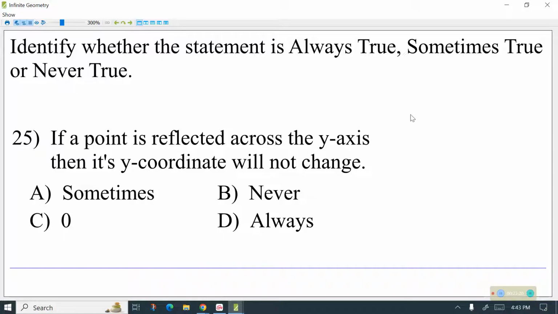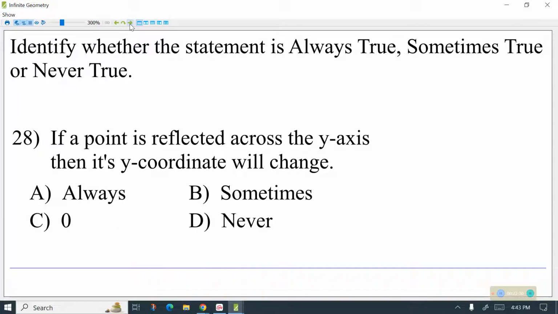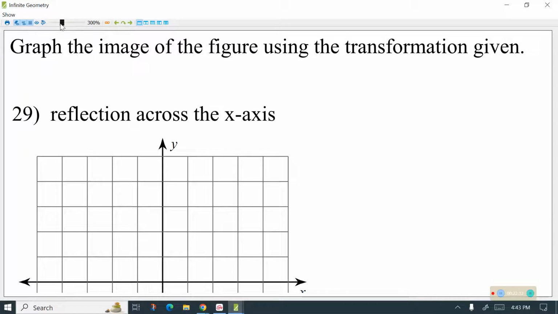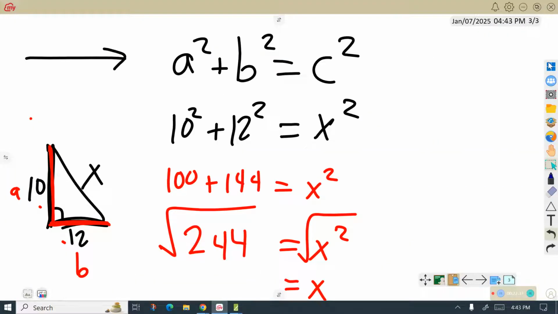So draw some points, reflect them across the y-axis, and see whether or not they do what you think they're supposed to do, okay? We're going to have a longer conversation in class about these problems, so I'll move past them right now, okay? We'll get into the reflections before we finish this video.